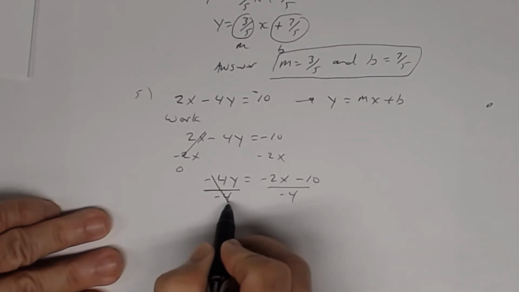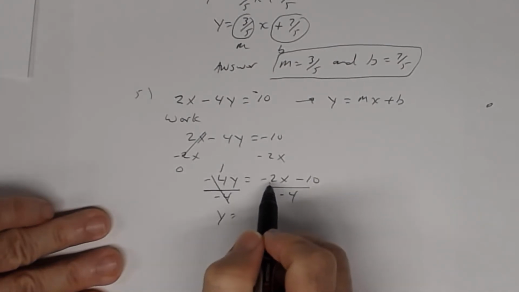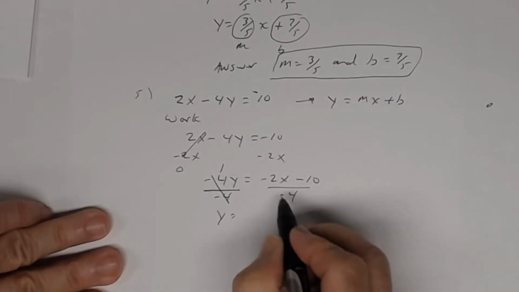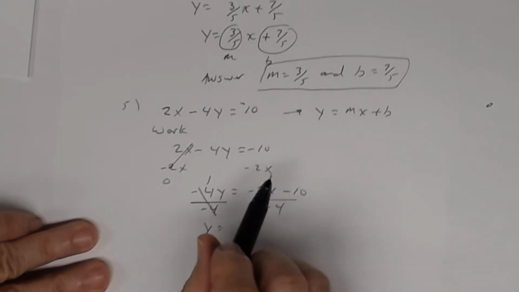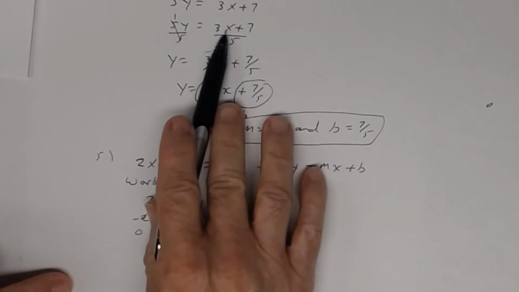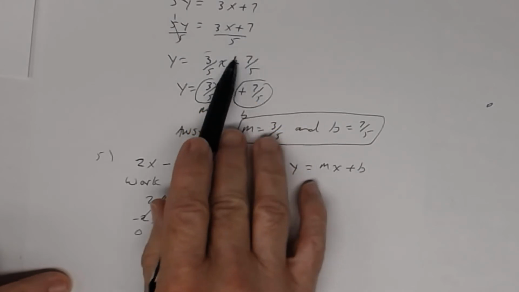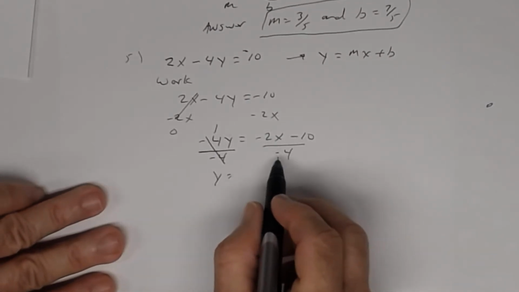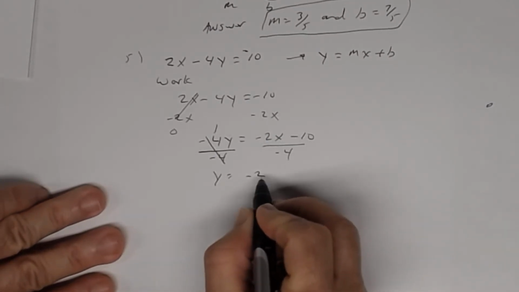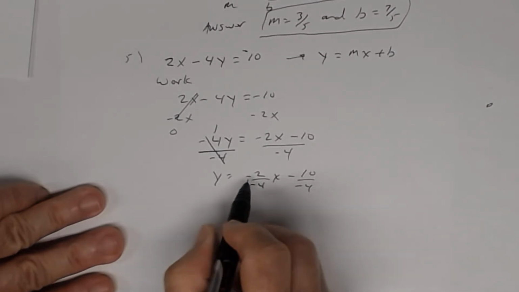Negative 4 divided by negative 4 is 1. 1 times y is y. That's what you wanted, right? Okay, now be careful. Let's go ahead and rewrite this as two separate fractions first. This one's a little bit more challenging than the last one. That one was easy to write: 3/5 x plus 7/5. So let's be careful with this one. Negative 2 divided by negative 4 x minus 10 divided by negative 4, right?